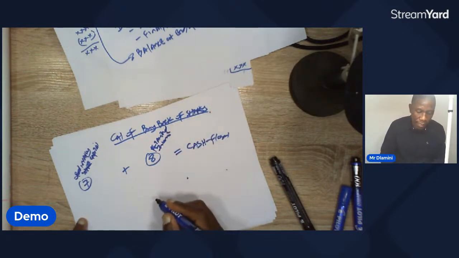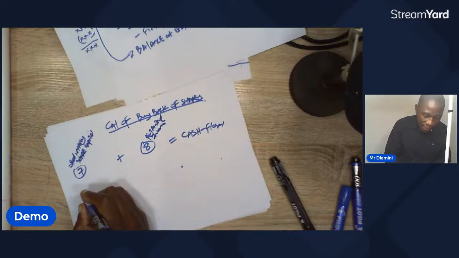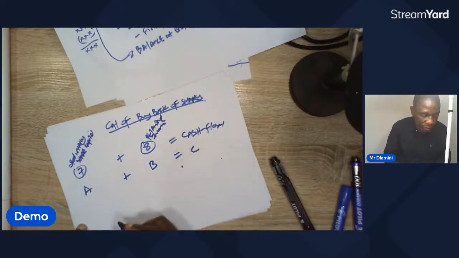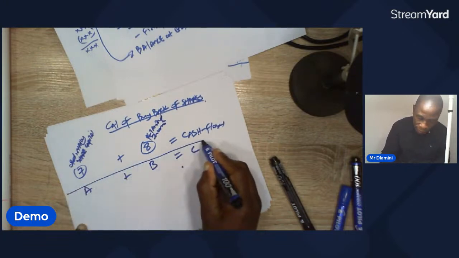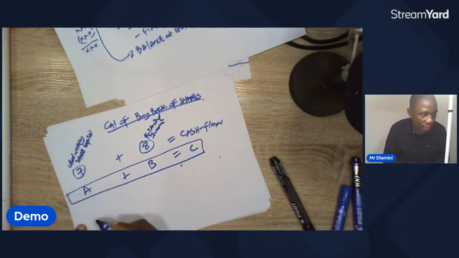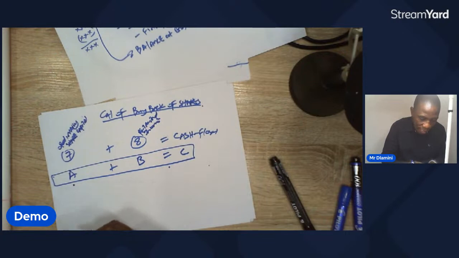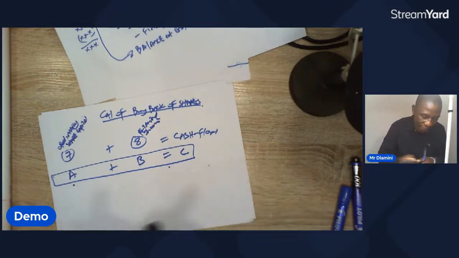Then I normally say it's the same as A plus B equals C. This is the equation that we are proving here, grade 12. Information is given either on A, which means it is an average.